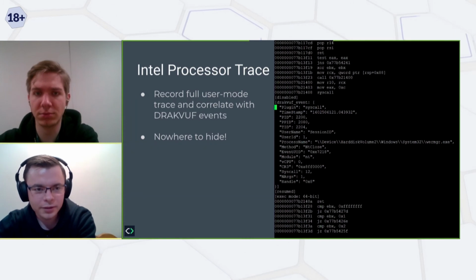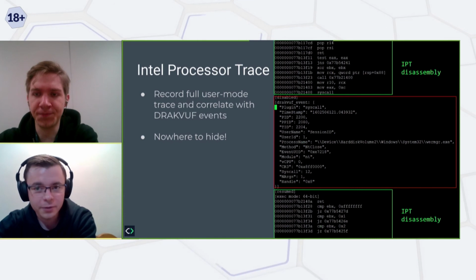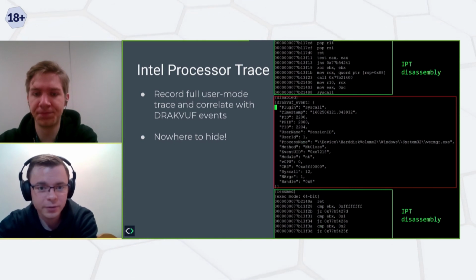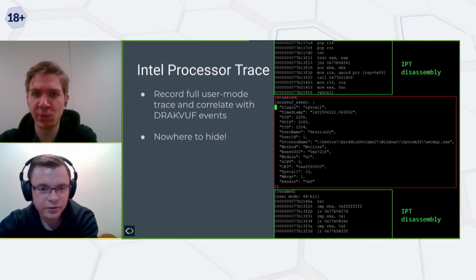Another thing that could be done with Intel Processor Trace is that we could record a full user mode trace and correlate it with Dragwolf events. So the green part is the disassembly from the Intel Processor Trace. So this is the part of the code that was executed by the malware process. And here we see the syscall instruction.